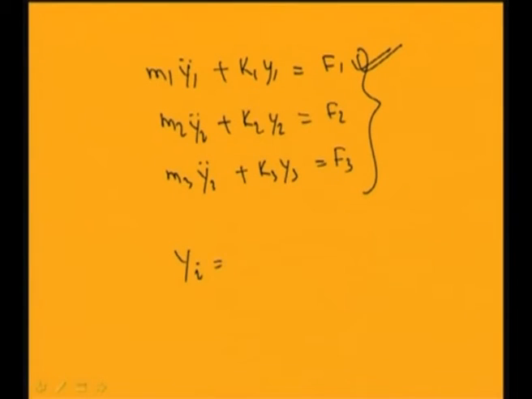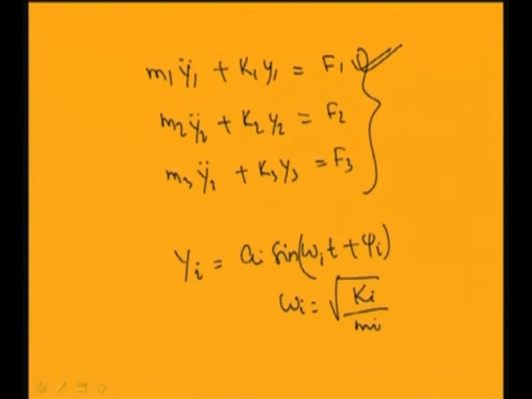The complementary part is yi equal to ai sin of omega i t plus psi i, where omega i equals root over ki by mi. This ai and psi i can be obtained from the initial conditions. So this is the complementary part of the solution, plus the particular integral.